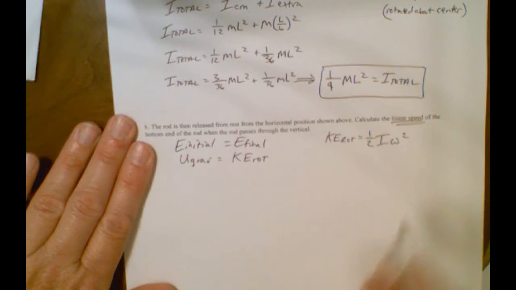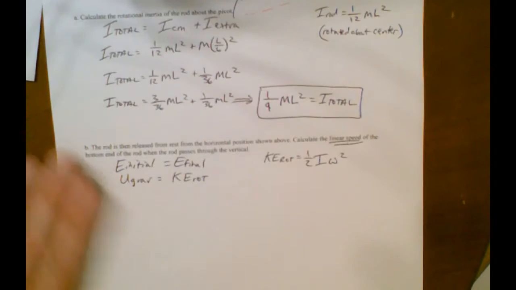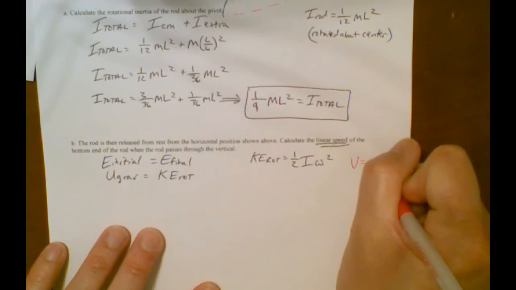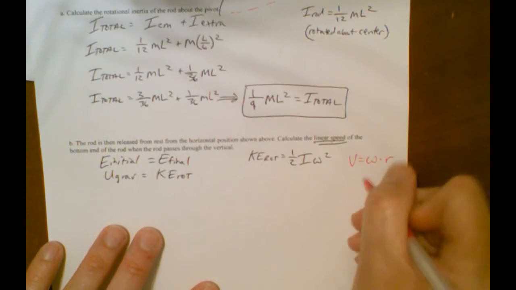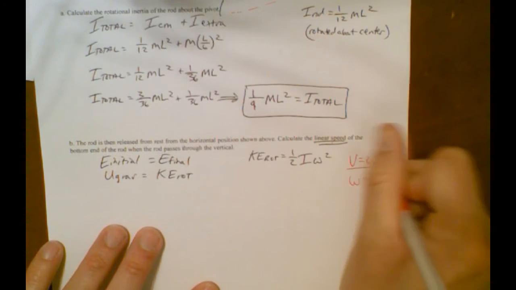Now the thing that's interesting here is it's asking about the linear speed of this. Once again, we've seen before, we can do that, or now we got to be a little careful about this.